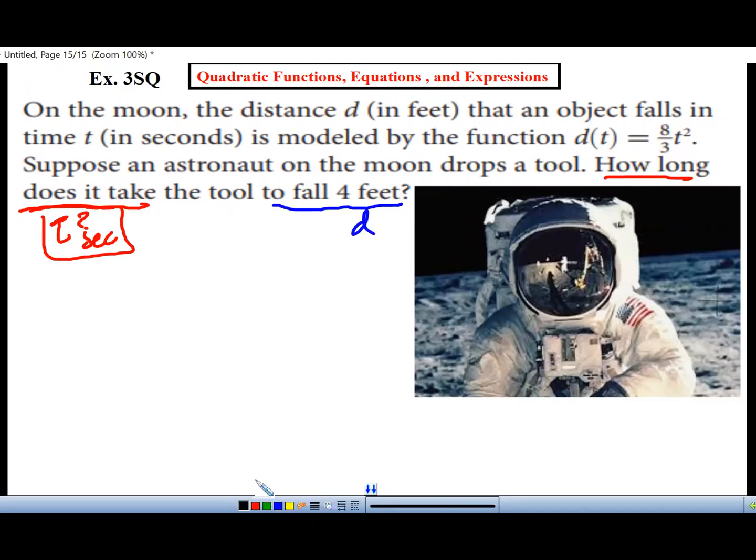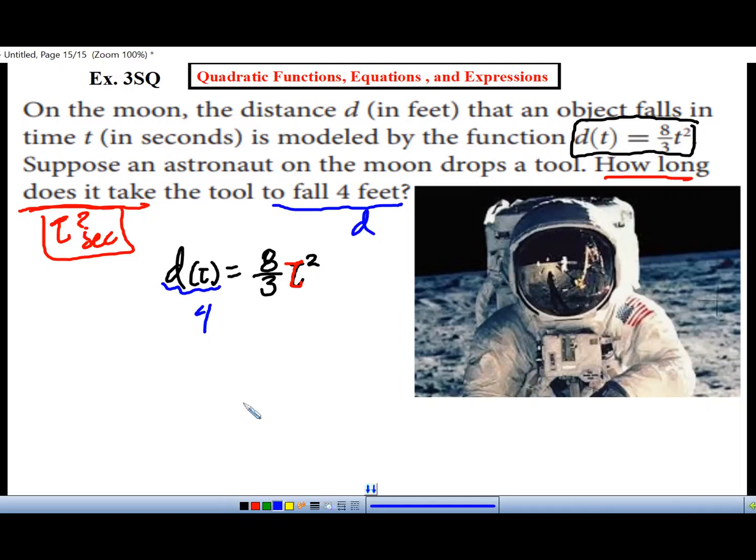The original formula, the first formula. However, in this case, they actually give us the formula to use. So I'm going to write d of t equals 8/3 t squared. Now we know that the t is for the time. So that means that for the distance here, we're going to substitute what? 4.